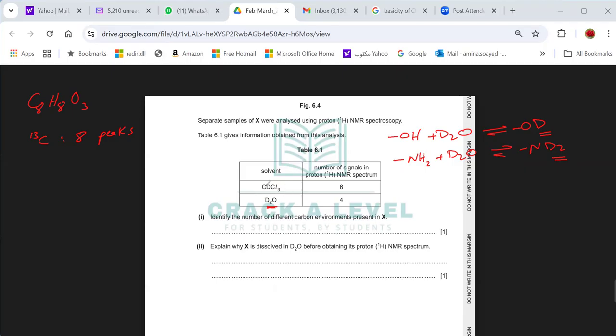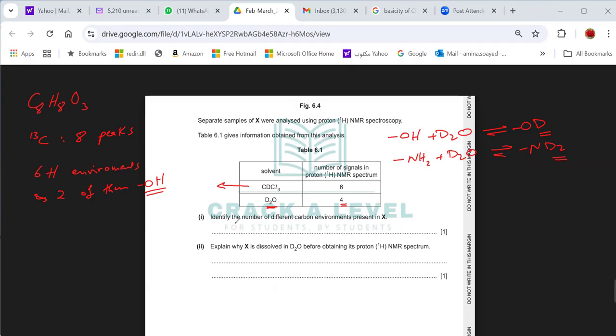So here, since they used the deuterated chloroform, they got 6 signals, and then in presence of D2O, they got 4. So this means that we have 6 hydrogen environments, and 2 of them are OH groups.